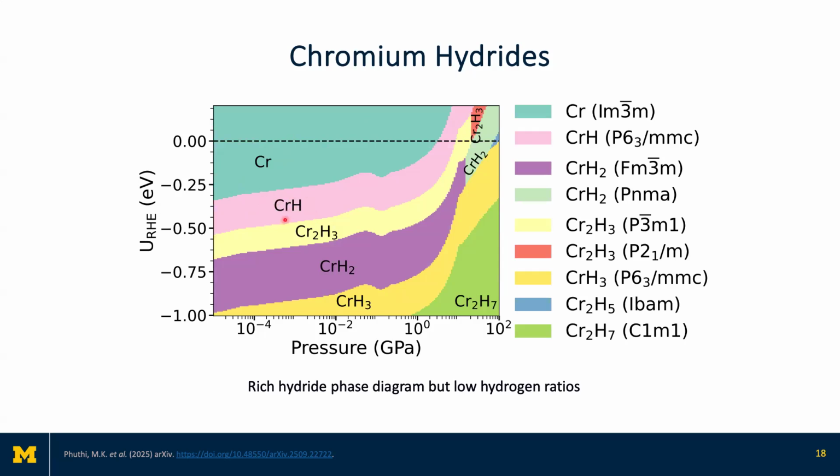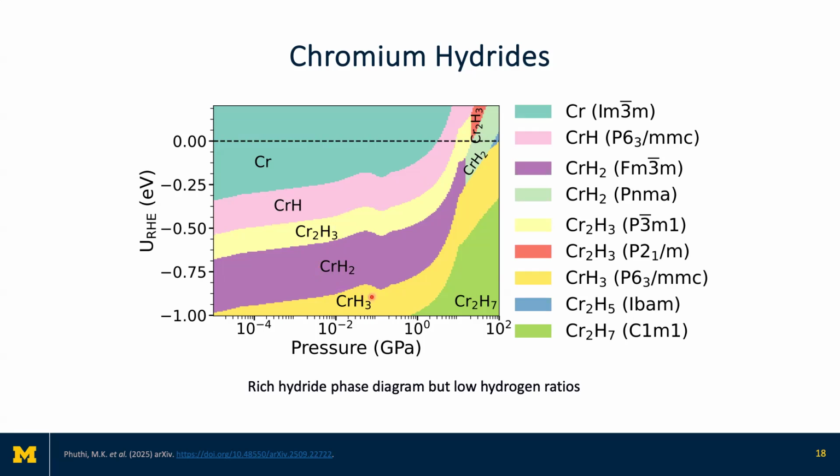And this is something that people study a lot because when you electroplate chromium, which is how people purify chromium, you always readily form this chromium hydride. So in some cases it's actually something you don't want to form, right? There are also other chromium hydrides like Cr2H3, CrH2, and so forth.